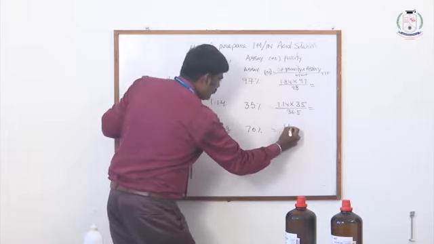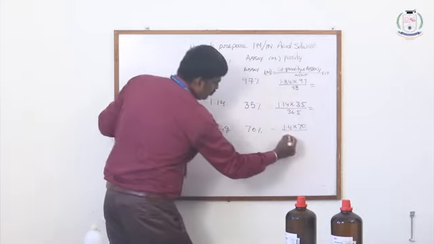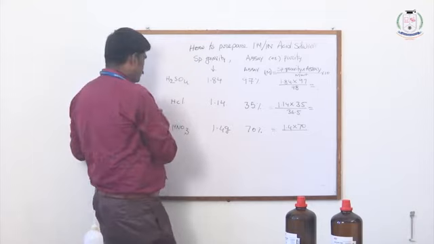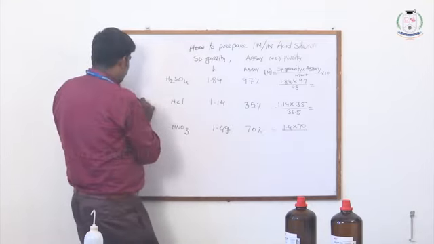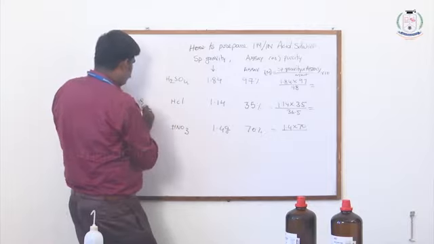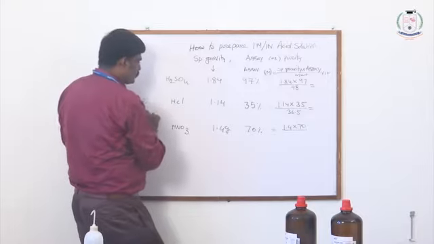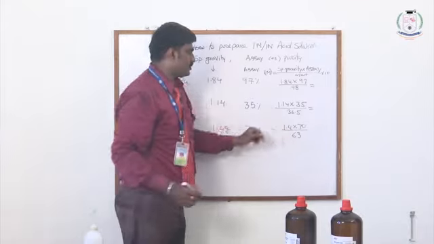For HNO3, we have to write 1.4 into 70 by the HNO3 molecular weight: oxygen 16 times 3 is 48, and nitrogen 14, plus hydrogen 1, so 63. The molecular weight of HNO3 is 63.